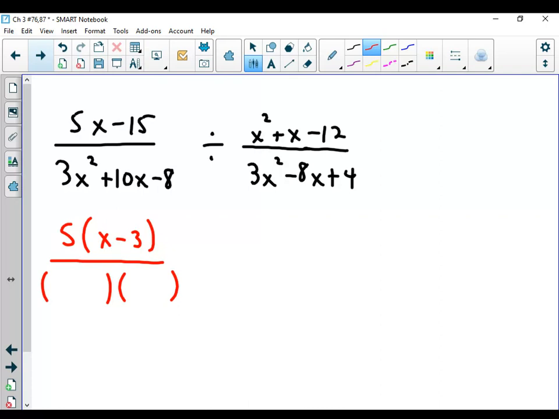My goal would be, I'm trying to multiply to get negative 24. I'm going to try to add to get 10. Is anything going to work for that? You think I can multiply to get negative 24, but add to get 10? You know, maybe... yeah, 12 and negative 2. So I'm going to fill those in.